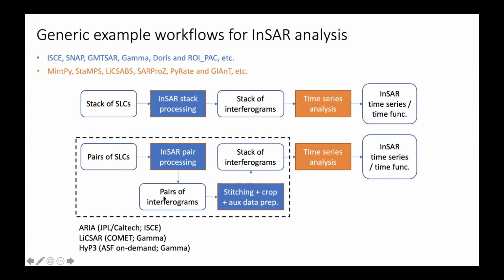So when you use just pairwise processing and get a lot of pairs of interferograms, they are not strictly consistent in space. That's why you need some cropping and stitching. And this blue box is what ARIA tools is doing.